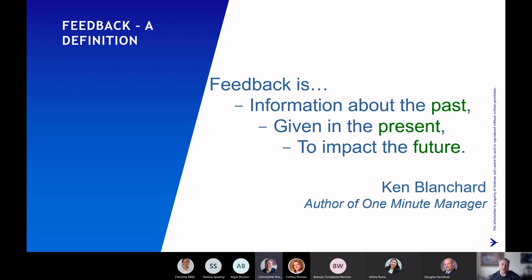I think it's really well-rounded and shares the true meaning of feedback, which is you're hoping to impact the future. You're not just giving it to give it. You've got a meaning behind it. You're looking for either a change that you're trying to help somebody through, or you're helping them understand that what they're doing is awesome and they should keep doing it.